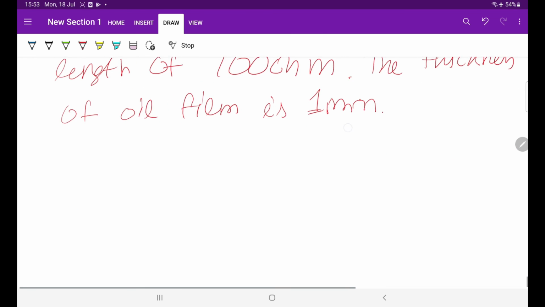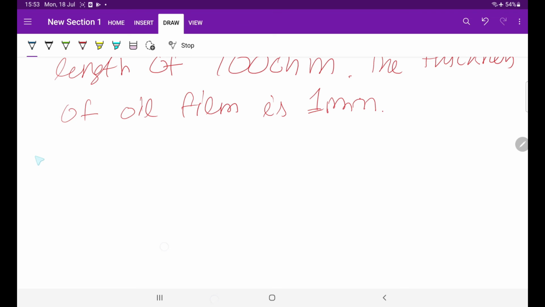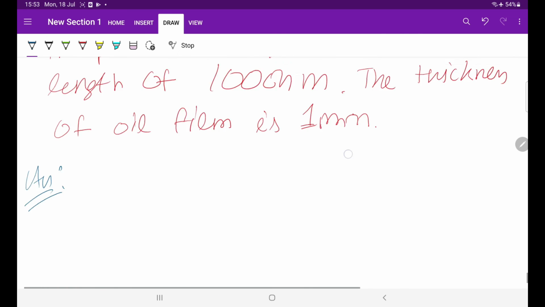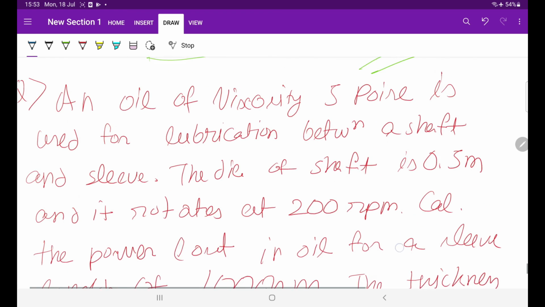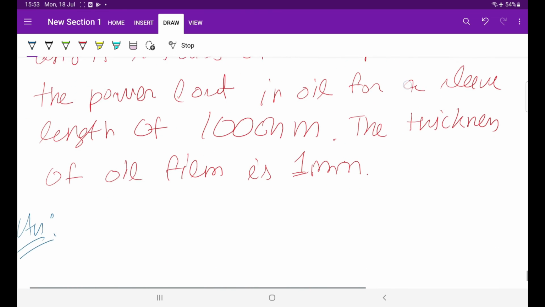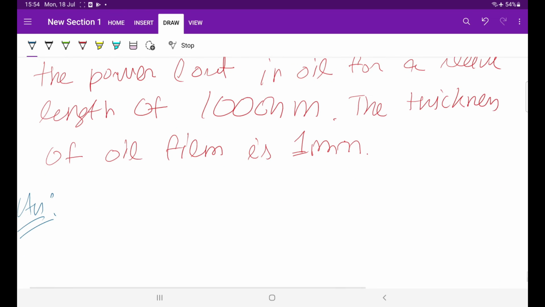Right. So first of all, what you need to do here, I hope you have the question written. When you have the question written, see what things are given. First of all, you find that 5 poise is the viscosity, so this is the dynamic viscosity. Mu is equal to 5 poise. Now we know 1 Newton second per meter square is equal to 10 poise.